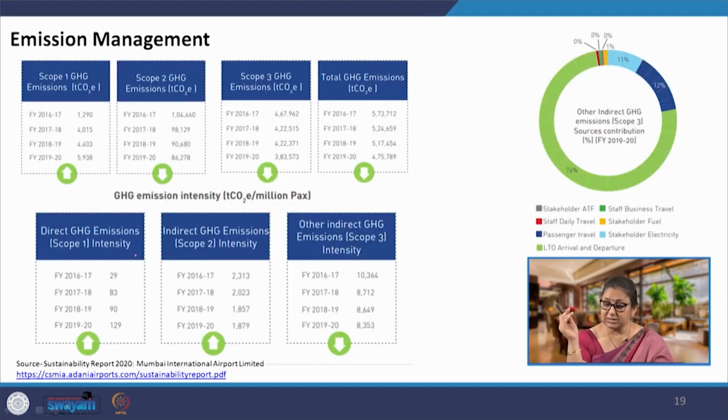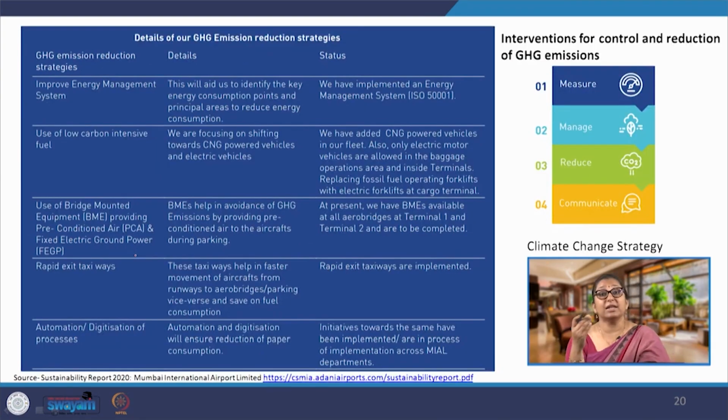The other is that they are talking about some important design strategies. For example, the airport is well lit. So, there is daylighting available throughout the day, thereby reducing the requirement for electricity. They talk about designing the taxiway in such a manner that the LTO cycle is significantly reduced. So, they talk about rapid exit taxiways, which is influenced through the design of the airport itself.